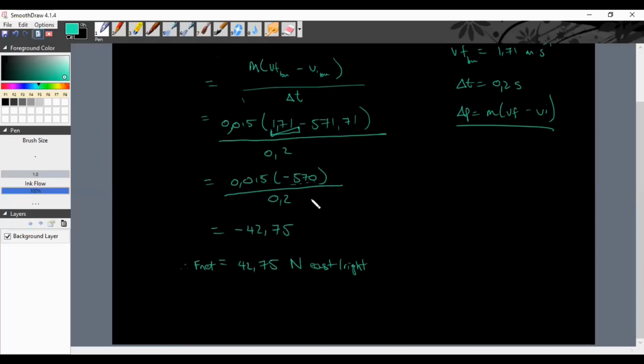But yet the force of the bullet on the block still exerted a force of 42.75 newtons. And which way was the bullet going initially? East. Exactly. So the bullet still exerted a 42.75 newton force on the block. In terms of the block-bullet system, the net force would be west.